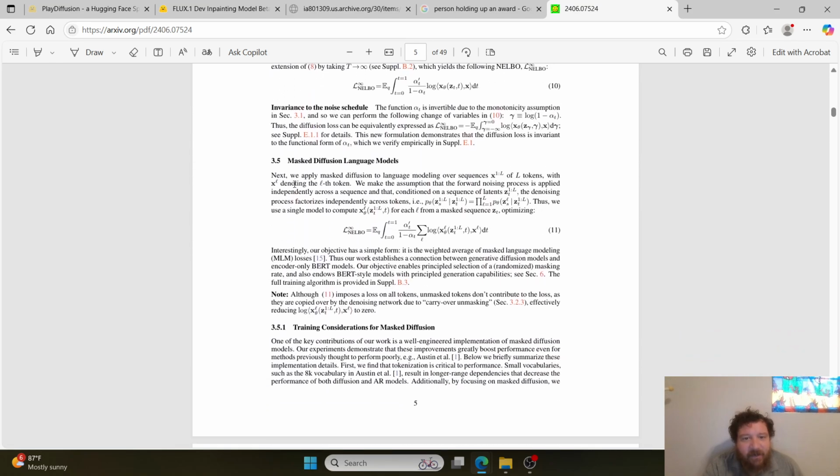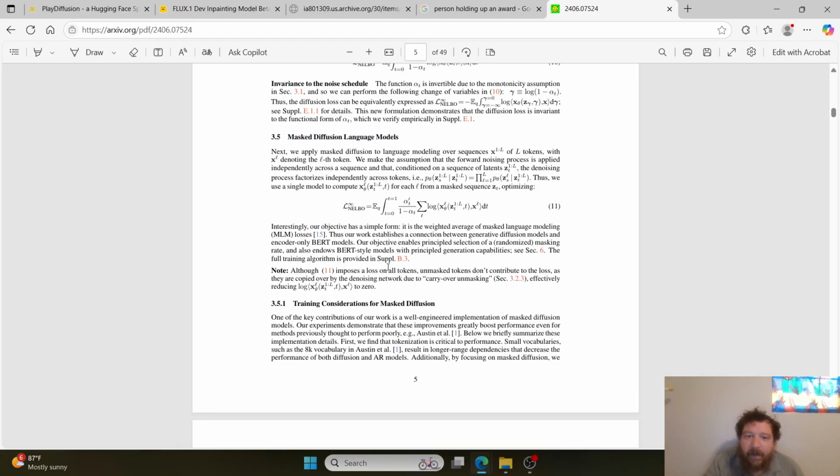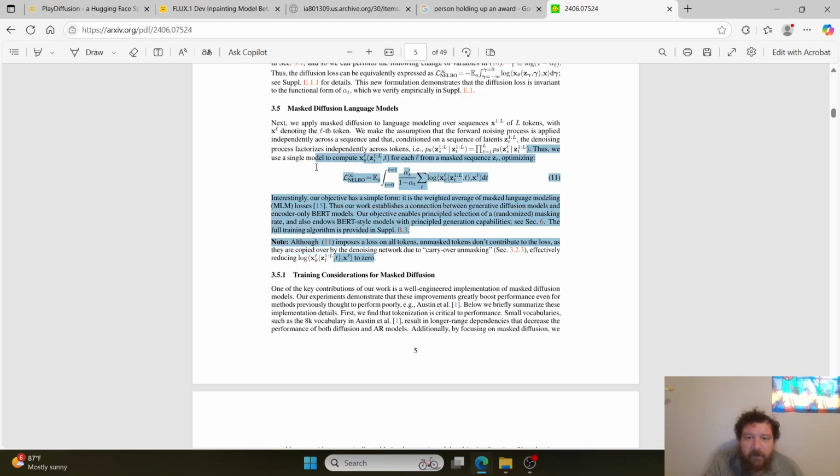You take this transformer model, and it becomes a masked diffusion language model. You essentially just plug in this mathematical equation here. Overall, it's hugely simplistic, it's just one equation, right? You just add one equation to the mix, and thus our work establishes a connection between generative diffusion models and encoder-only BERT models.